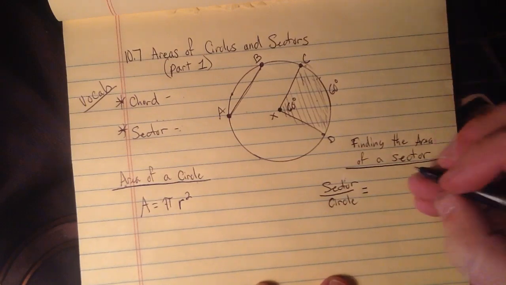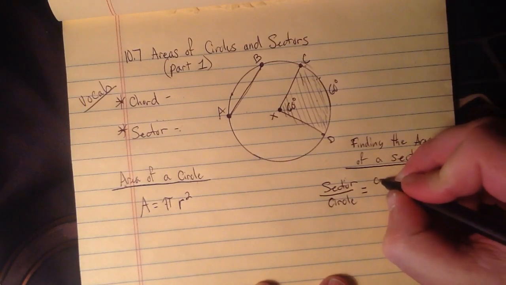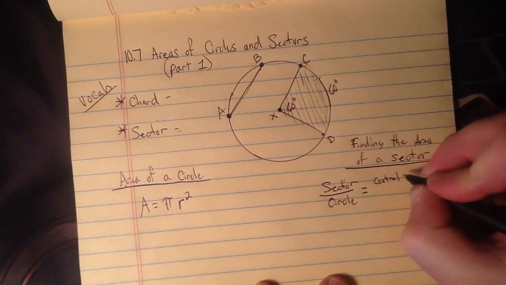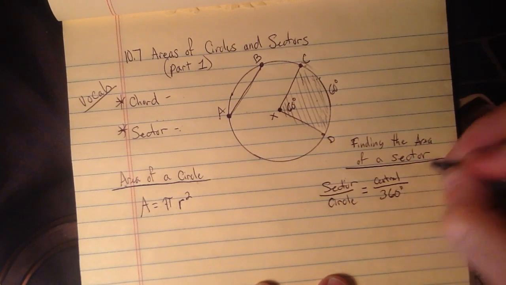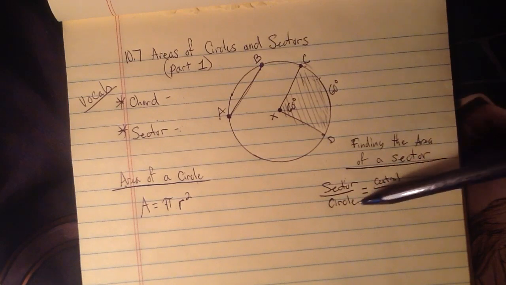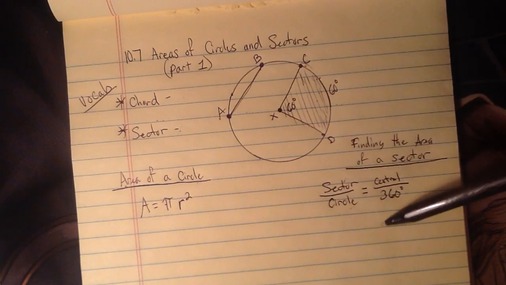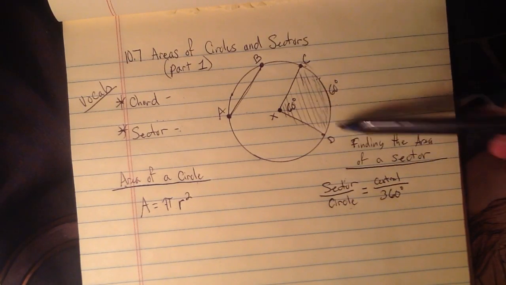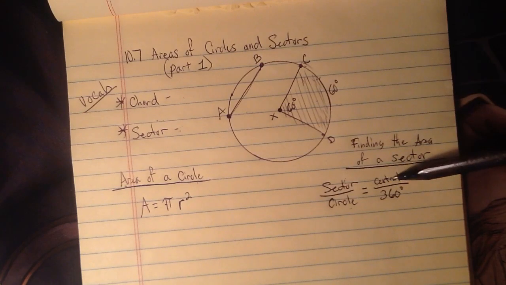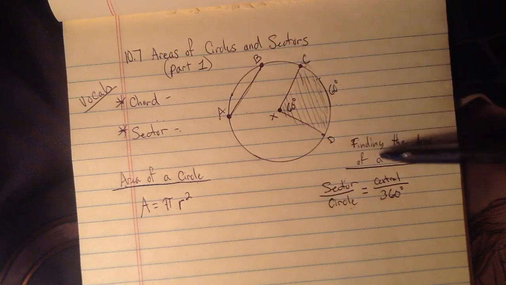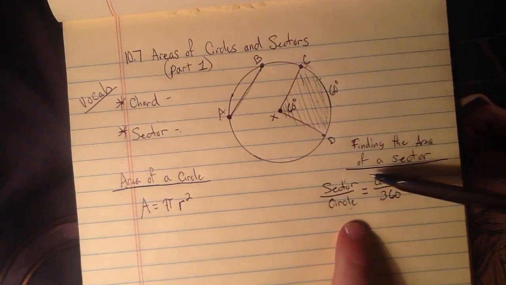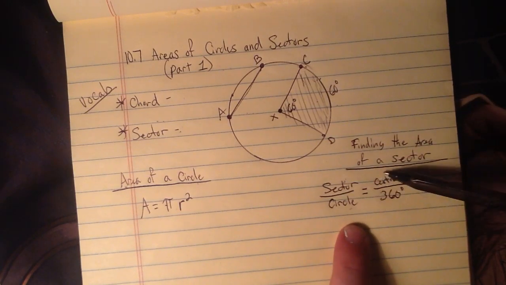So in this case, I'm going to use the central angle is to 360 degrees. And again, all you have to do is solve the proportion. Obviously 60 out of 360 is 1/6. So if you can find the area of the circle, all you have to do is take 1/6 of it. It's just solving the proportion.